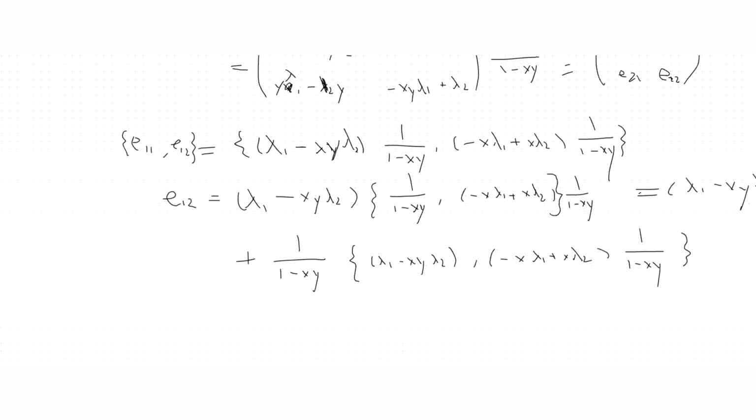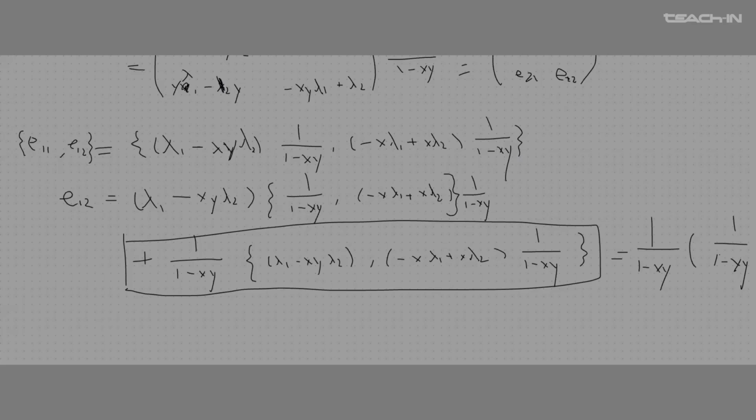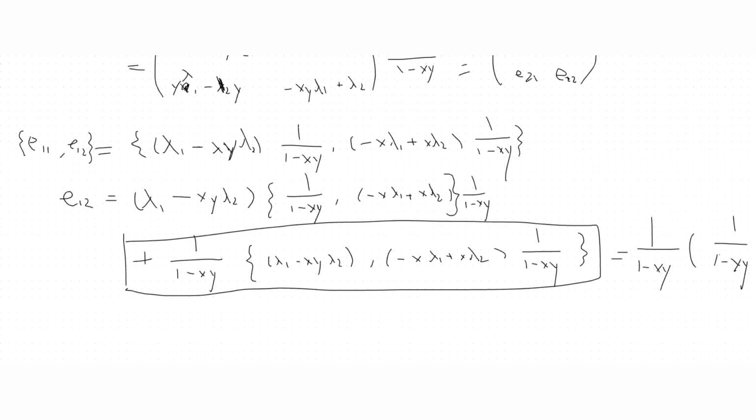Similarly for this one, here you will have two terms. So this one equals minus xy lambda 1 minus xy lambda 2.